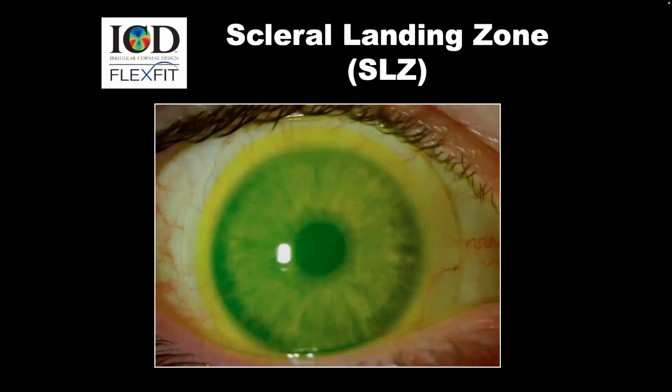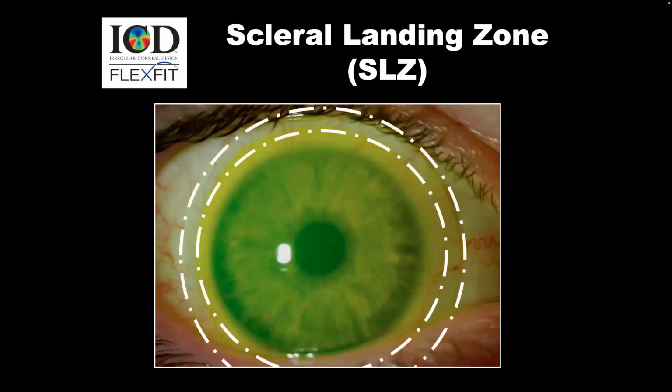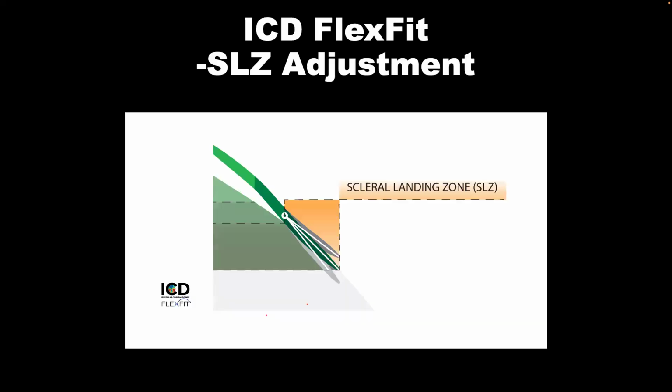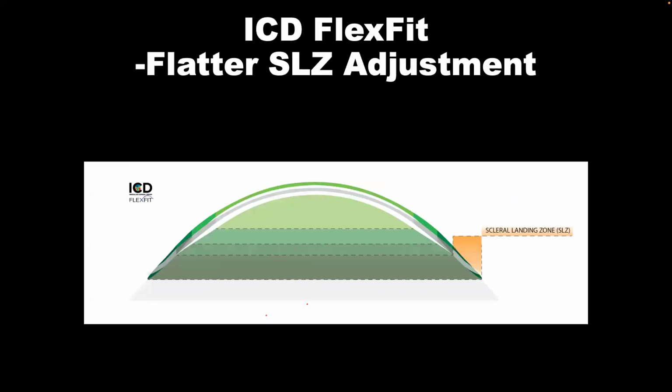And then we have the scleral landing zone. And here you can see that it will change the landing. And this as well is going to change a little bit on all the zones. And here, if we want to go flat, we will go with a minus sign.